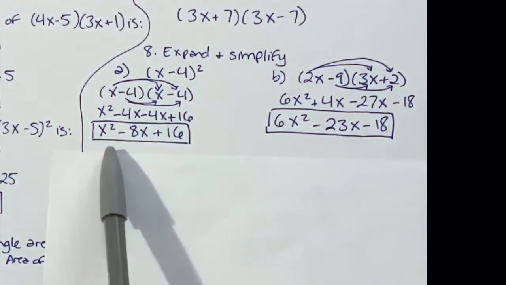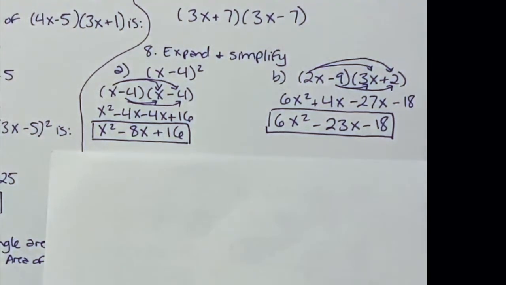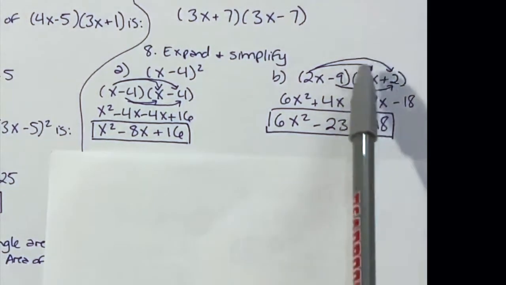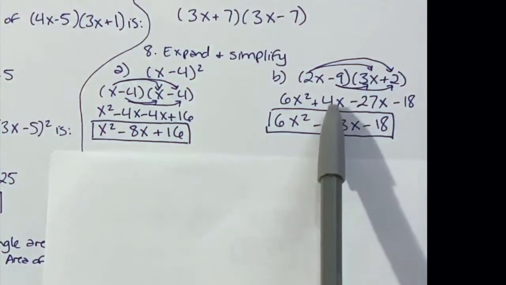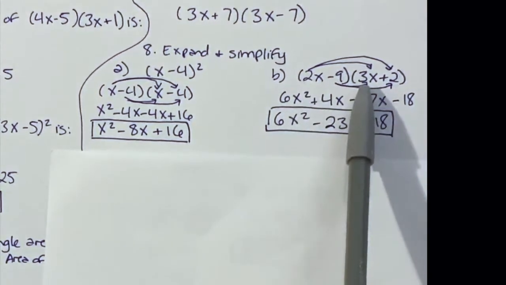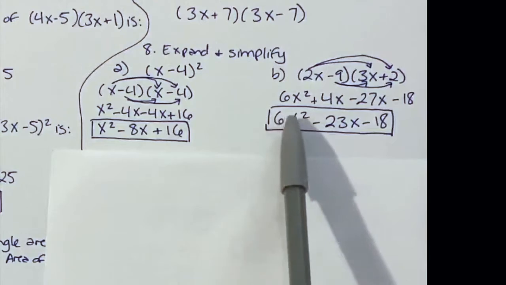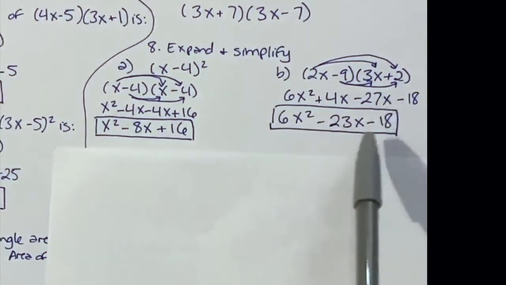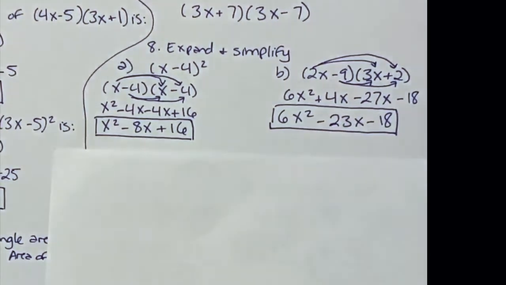So x squared minus 8x plus 16. For the second one, we want to take this and expand and then simplify it. So multiplying everything in the first bracket by everything in the second bracket, we get our long line of terms, and then we combine our like terms.